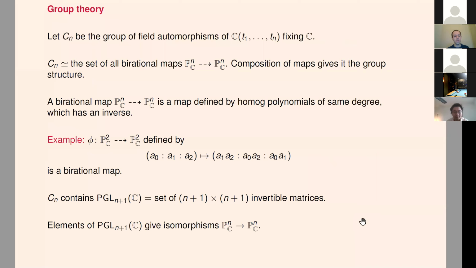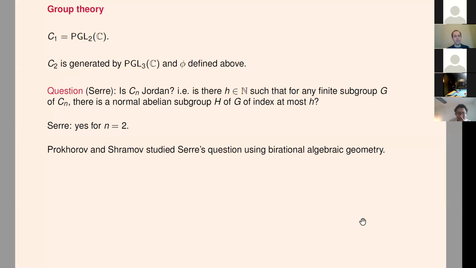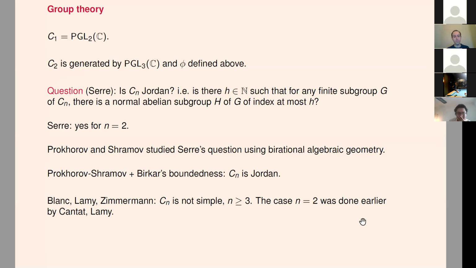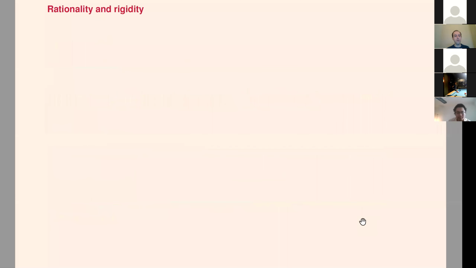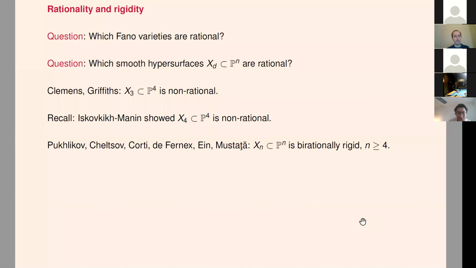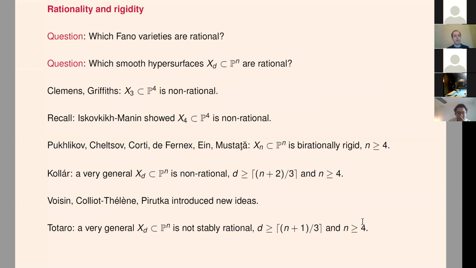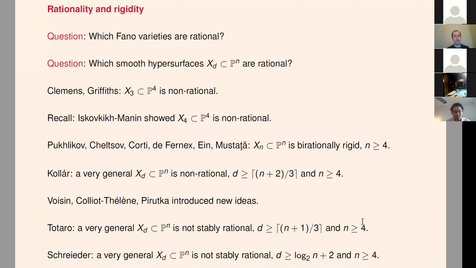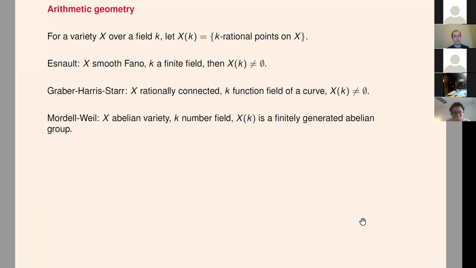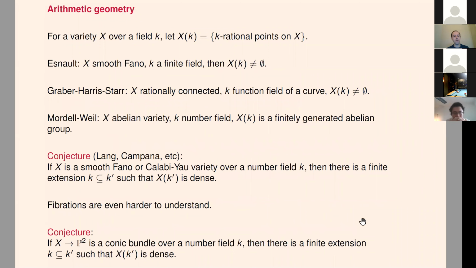Okay, and there is something about group theory, about these birational automorphism groups and their Jordan properties and so on. Then there is also something about rationality of Fano varieties and rigidity, like birational rigidity. After that, there are some questions about arithmetic geometry related to Fanos and Calabi-Yaus.